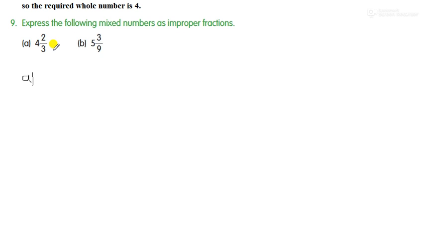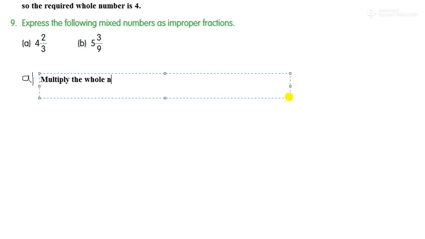So here, first multiply the whole number part, the whole number part means this 4, and the denominator of the mixed number.